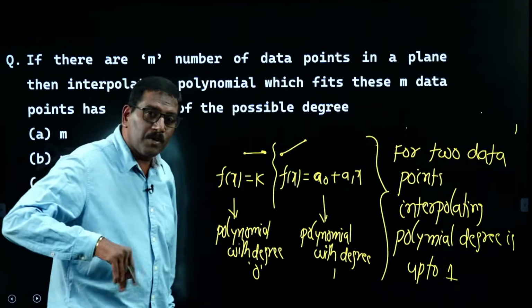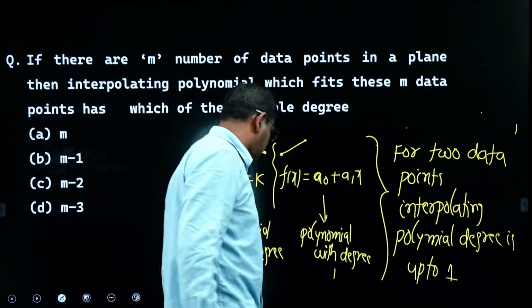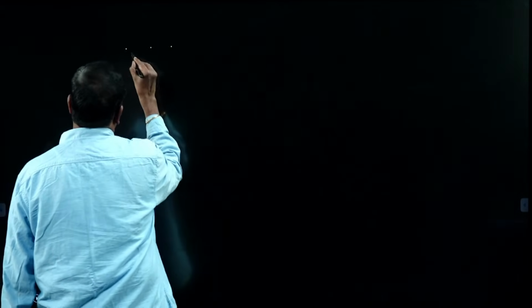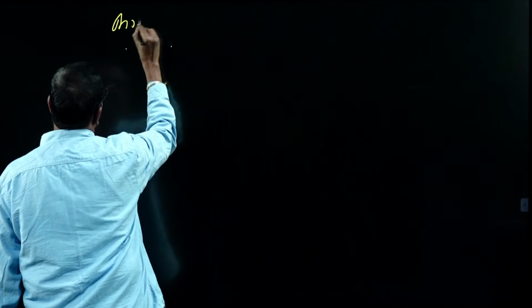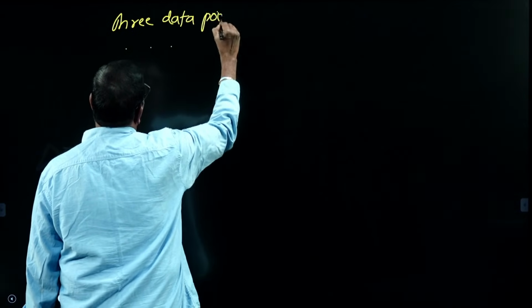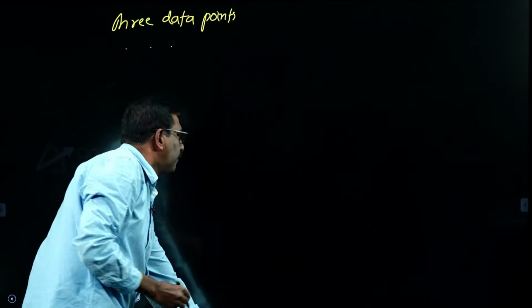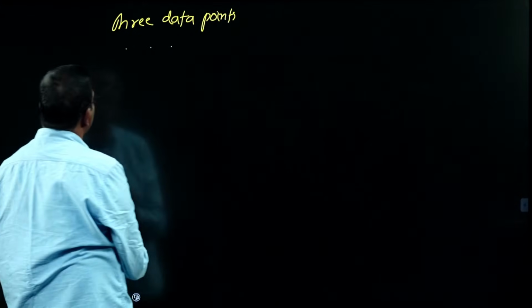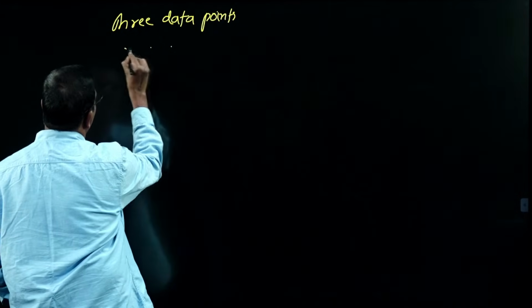Understood? Suppose you take three data points like this, just for clarity. If you take three data points, here also you can draw a straight line. Can we draw a straight line like this?